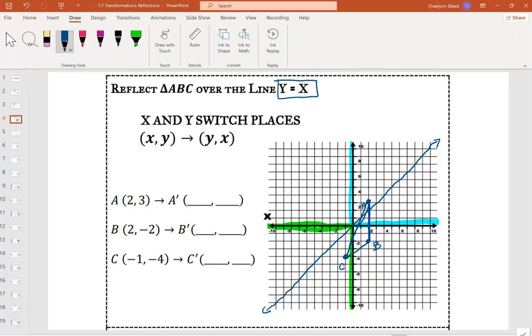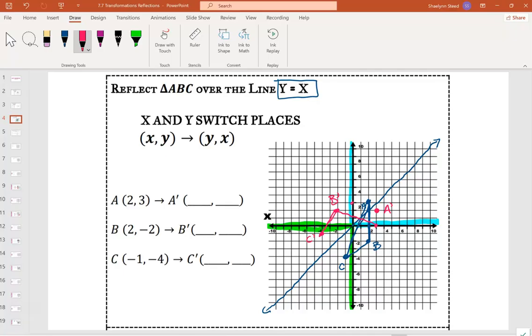If we fold over this line, we're going to find that A, this point becomes this point down here, meaning that A would have to be right here. So this is A prime. B, instead of being at 2, negative 2, suddenly is at negative 2, positive 2. Here's B prime. And C, instead of being at negative 1, negative 4, becomes at negative 4, negative 1, C prime, which some of you have already noticed and made a note of.